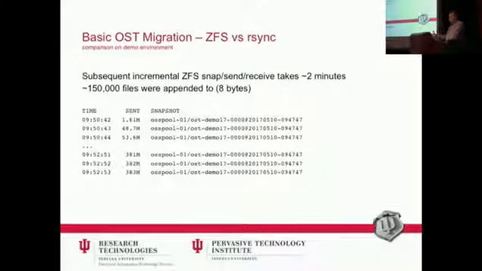When we did the incremental snap send receive, it was fairly quick, only 2 minutes, because the snapshot is keeping track of those changes specifically, as opposed to having to reevaluate all 1 million files to say what has changed.